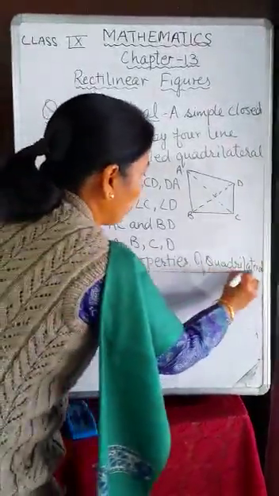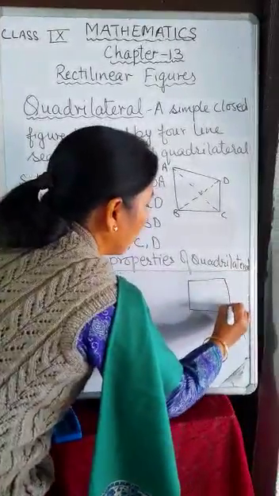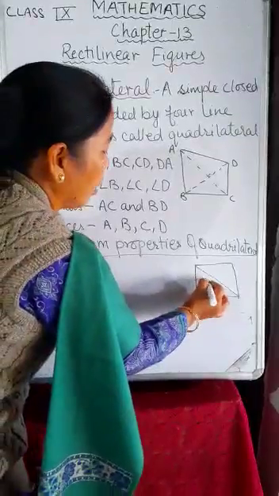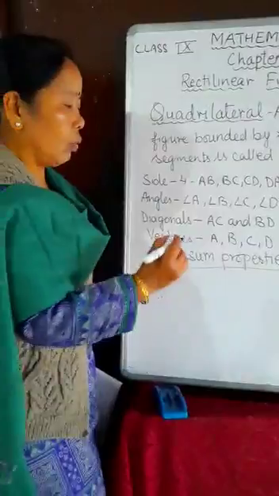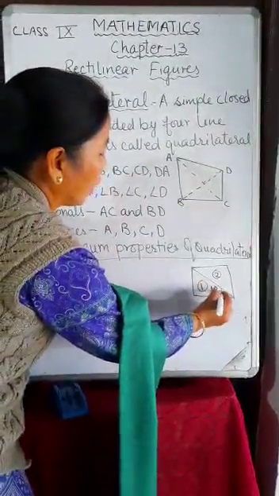If you remember, in a quadrilateral, suppose this is a quadrilateral, two triangles are formed. This is triangle 1, this is triangle 2, and we already know that the sum of all the angles of a triangle is 180 degrees.